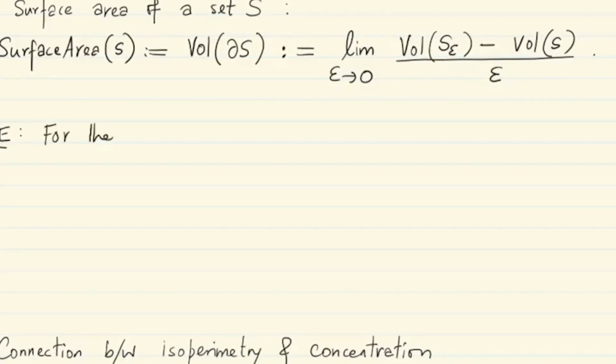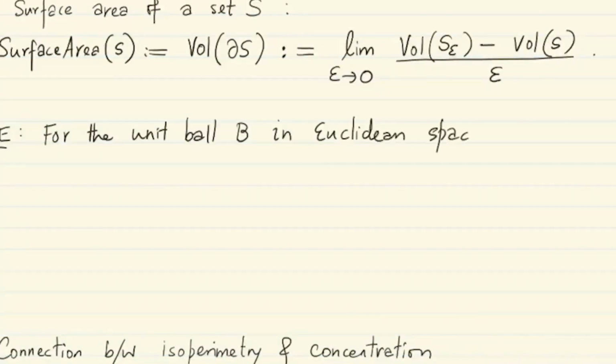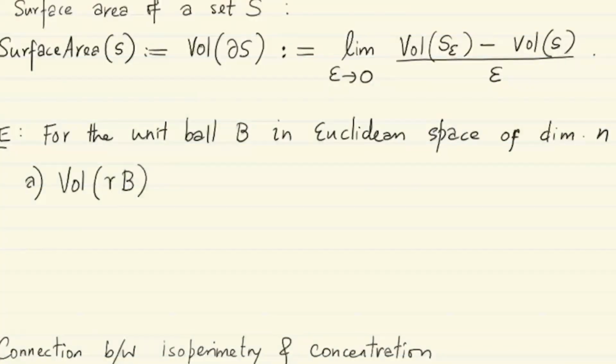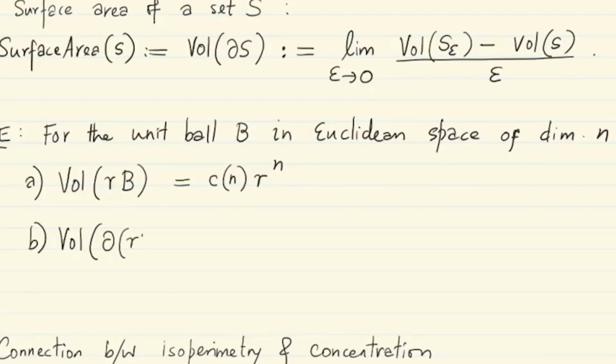So for the unit ball B in Euclidean space of dimension n, the following is well known: the volume of a scaled version of the unit ball, r times the unit ball, which is basically the ball of radius r, scales as r to the n with some constant that depends on the dimension, and the surface area of this ball of radius r, which is the volume of the boundary of rB.